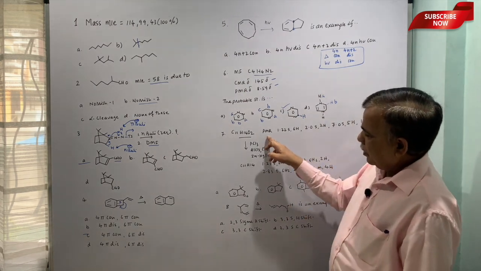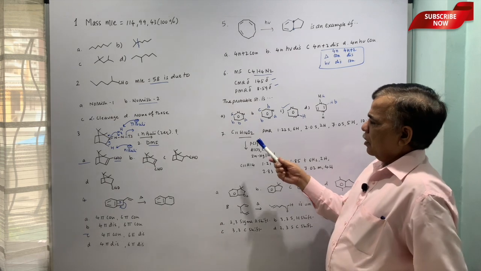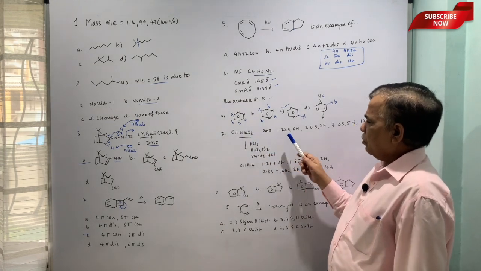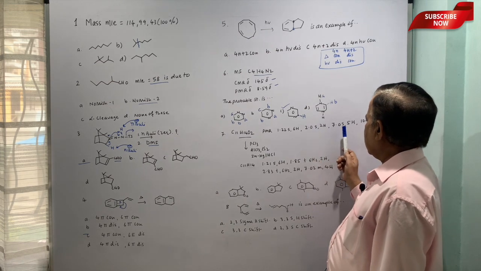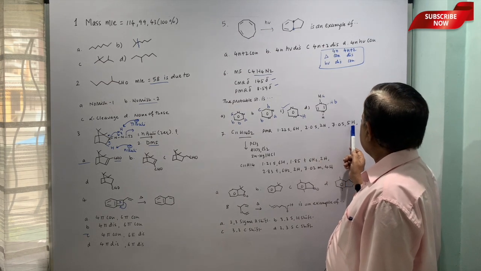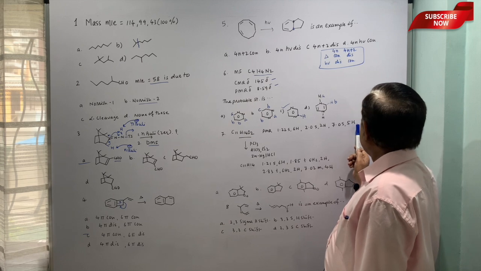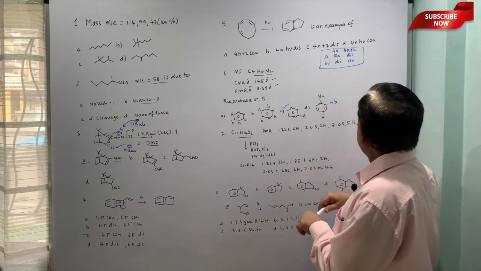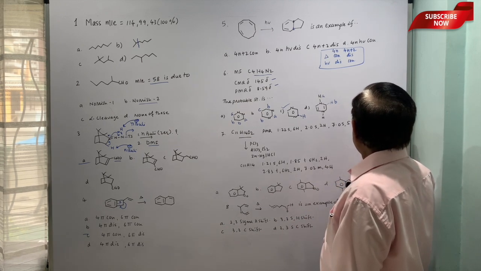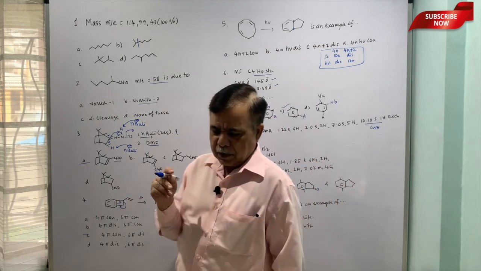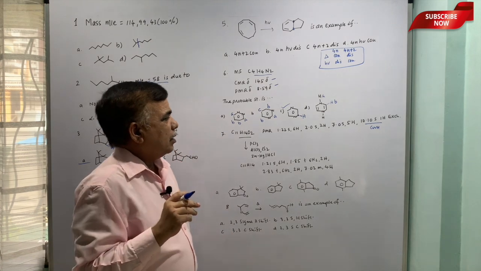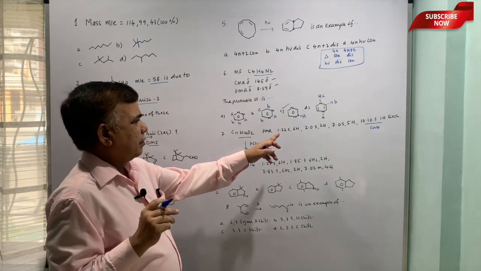Now this example, C11H14O2. PMR: 6 protons singlet, 2 protons singlet, 7 delta singlet, and 10.10, 1 proton exchangeable, that is COOH. The one hint is there, so that means it is a mono substituted compound.